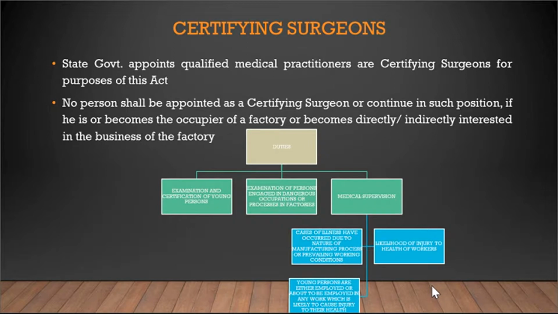So, by reason of any change in the manufacturing process carried on, or in the substance that is being used, or by reason of adoption of any new manufacturing process, or a new substance which is being added or used in the manufacturing process, if there is likelihood of any injury to the health of the workers who are employed in these manufacturing processes, the certifying surgeon has to medically supervise and prescribe necessary action to be taken by the occupier with respect to such workers.